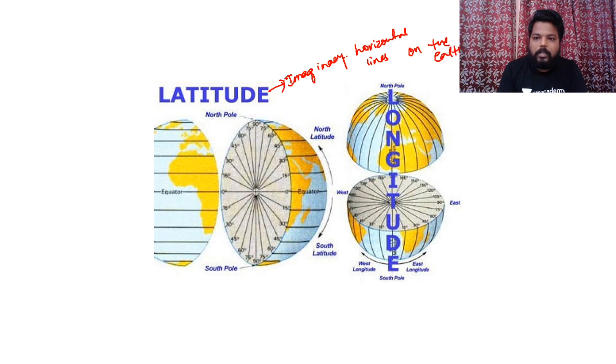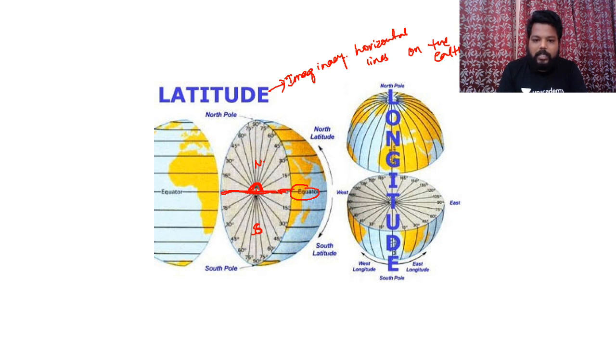The central latitude, which is 0-degree latitude, we generally term the equator. It divides the earth's surface into the northern hemisphere and the southern hemisphere. From the central position of the earth's surface, we can calculate different latitudes on the earth's surface.